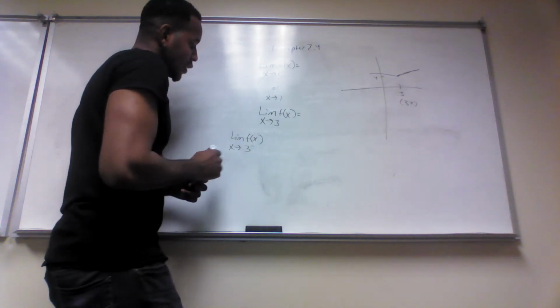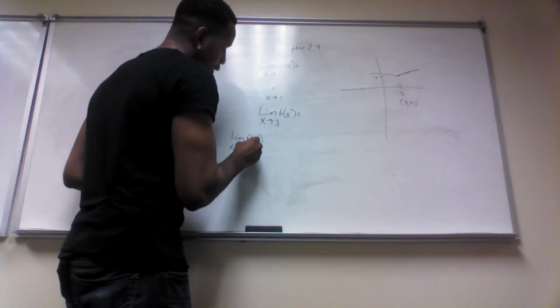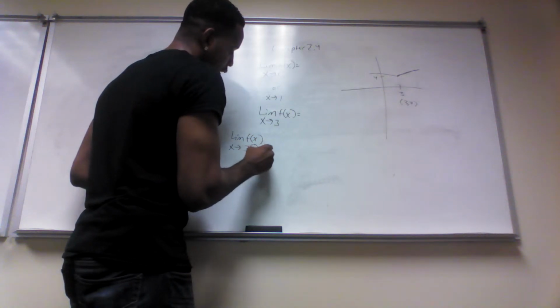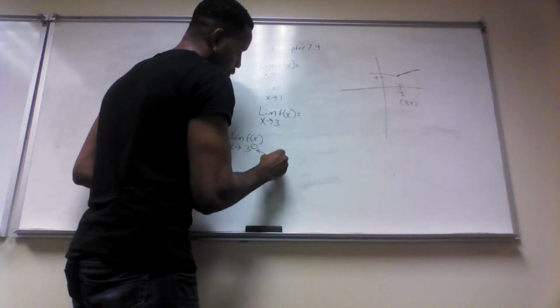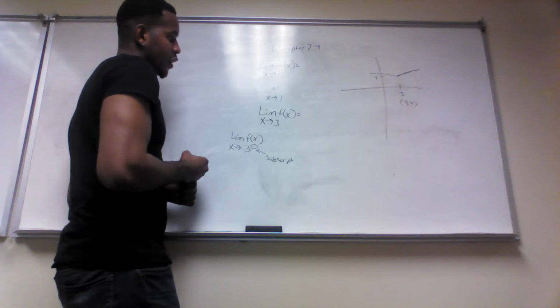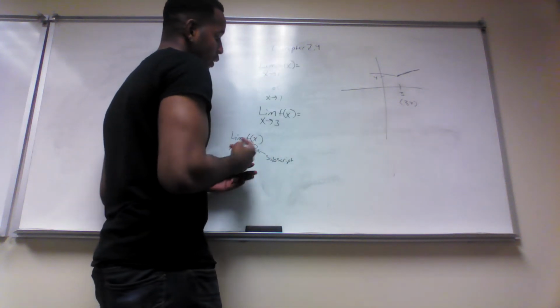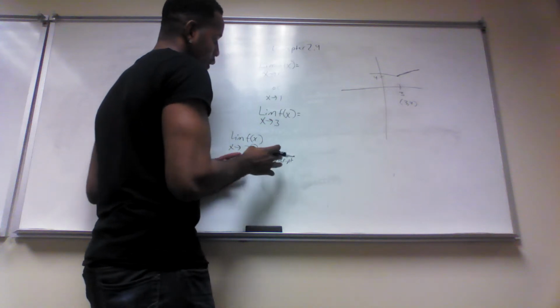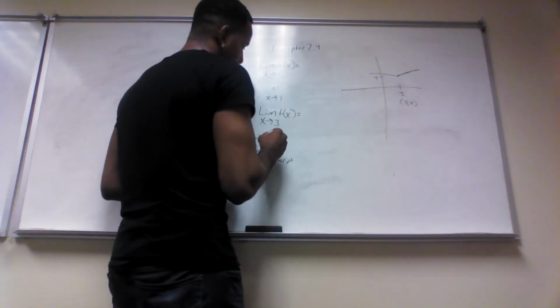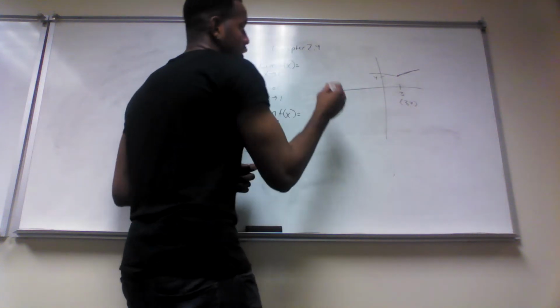As we see, I just added this little negative sign behind the 3. The negative sign is a superscript. Subscripts are usually given after, and they determine which side of the limit you're going to come from. So we're going to look at the left side first.